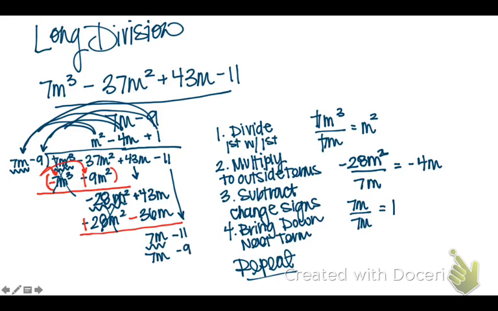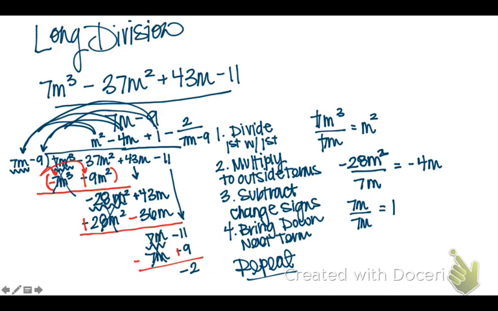Subtract, change those signs. So this is a minus sign, this is a plus sign. Those 7m's cancel out. Negative 11 plus 9 is negative 2. So then this is going to be minus 2 over 7m minus 9.